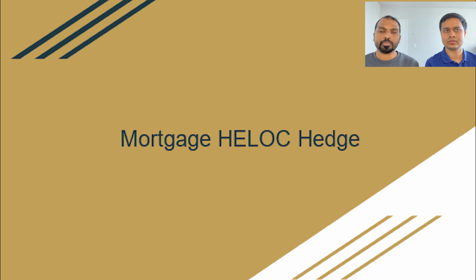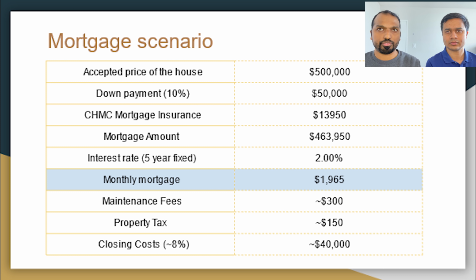How do you go about it? Now the first step is you need to get a home equity line of credit on your mortgage. You had purchased a house of 500k, and you had put down a down payment of 10%, which is 50k. You're part of the CMHC mortgage insurance, which gets added to your mortgage amount, and your mortgage amount is 463,950.